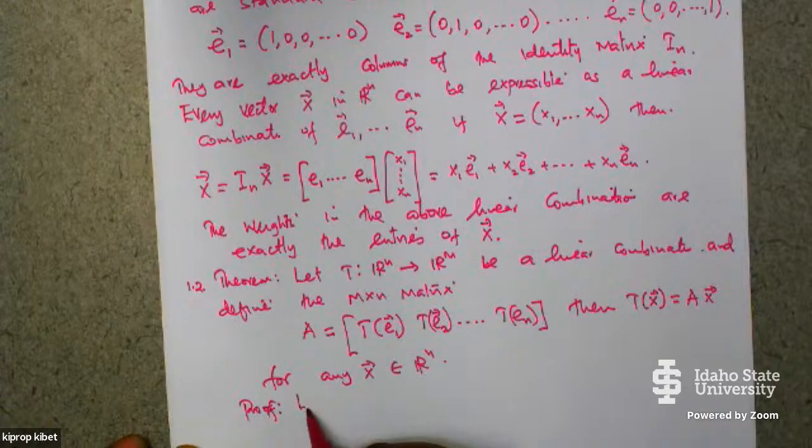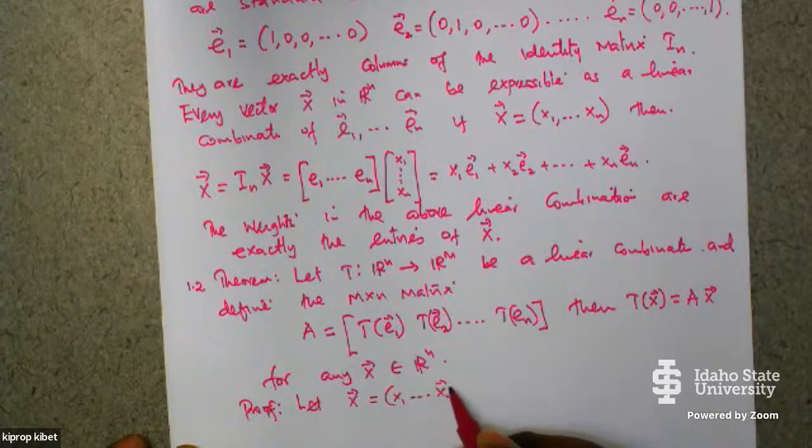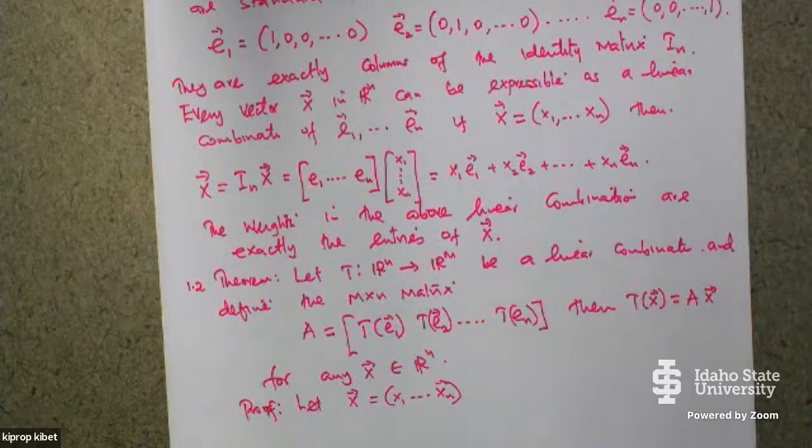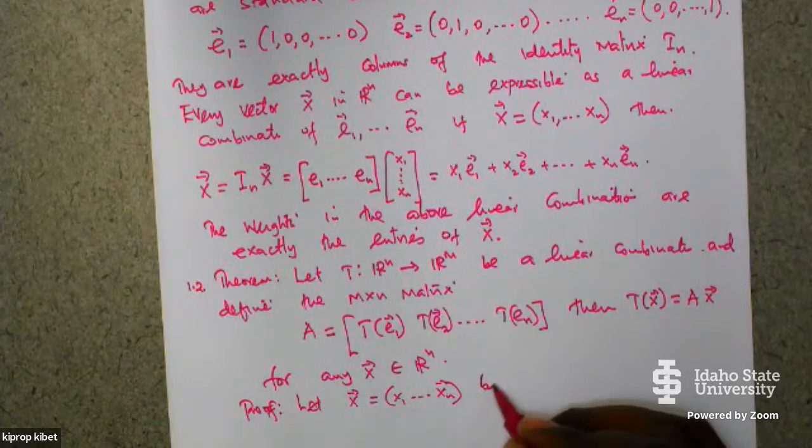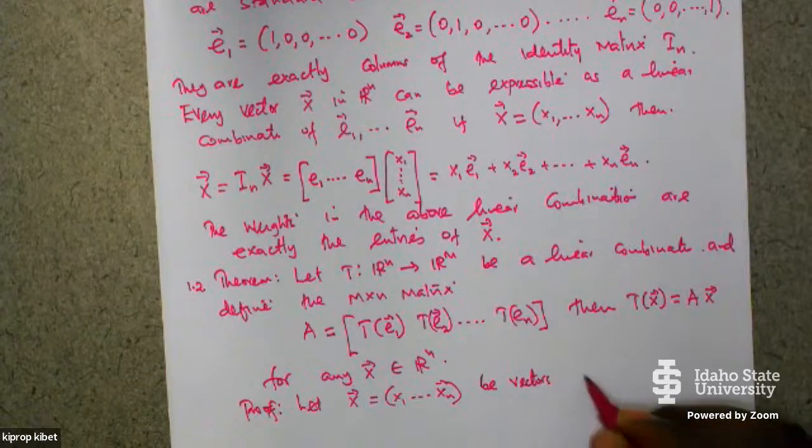So we can let X be equal to X1 all the way to Xn, vectors in Rn.